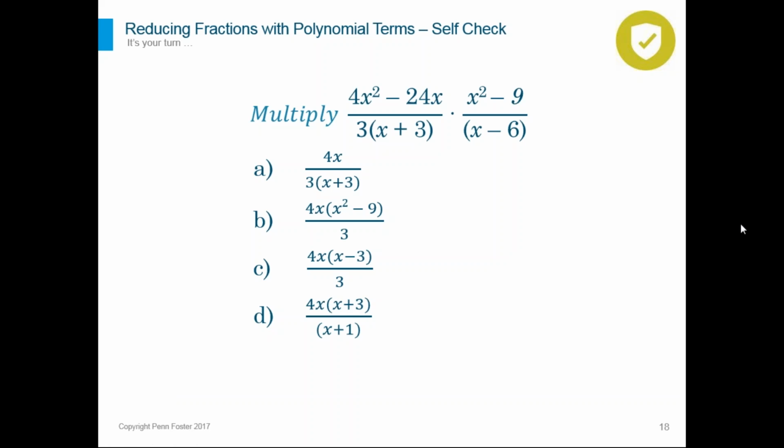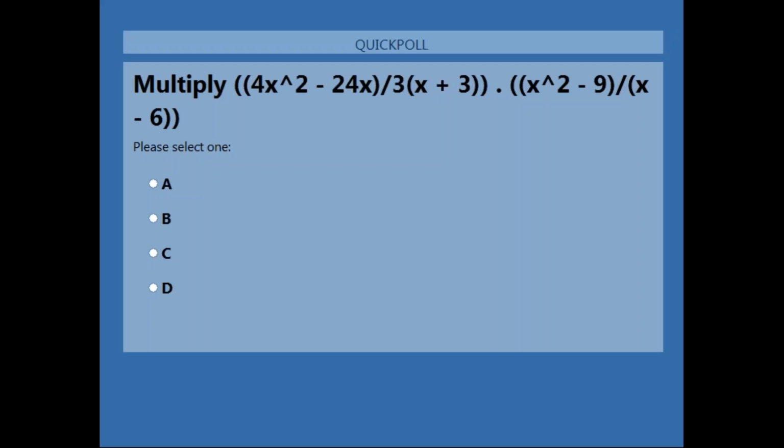Okay, I'm going to give you now the option to enter your answers. Is it A, B, C, or D? What is the product in reduced form for multiplying these two fractions that we had on the screen? Okay, I appreciate your input here.